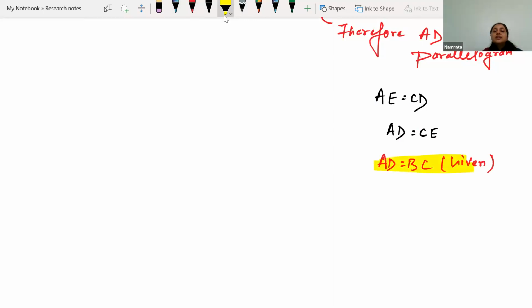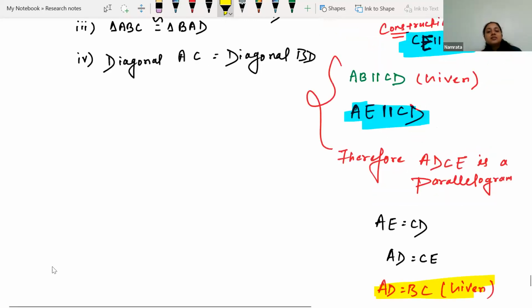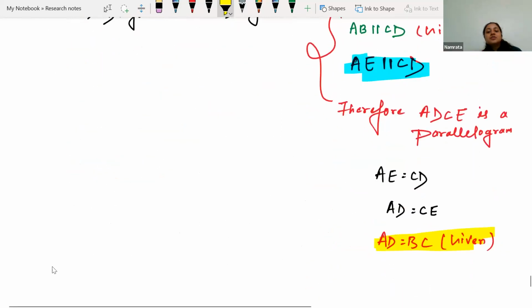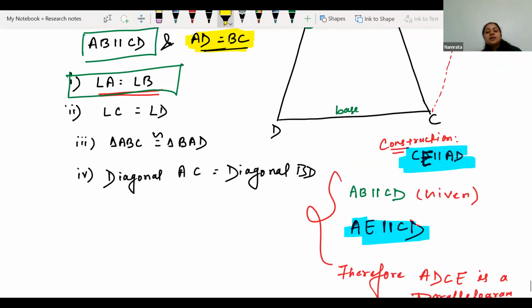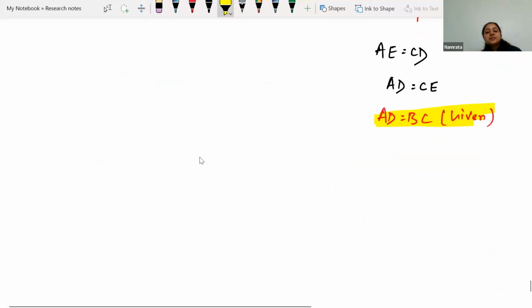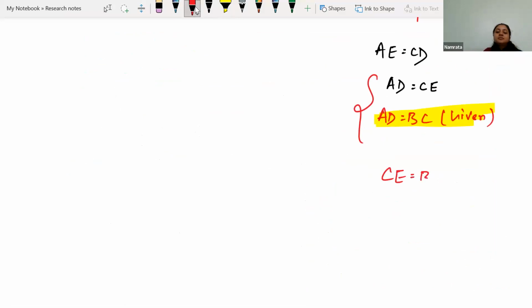This was already given. This yellow part is this yellow part. I have just copy pasted AD, BC. Now can I say from these two that CE and BC are same?